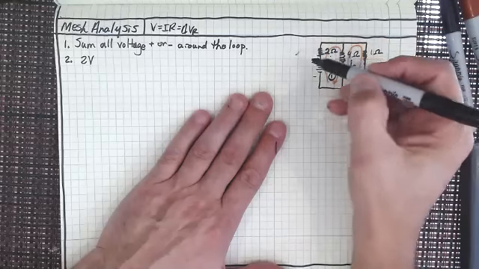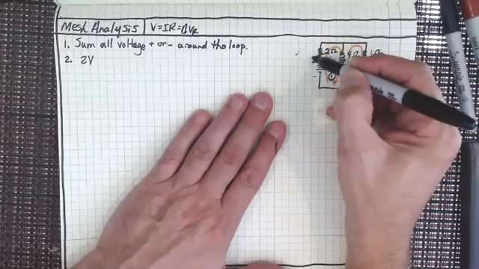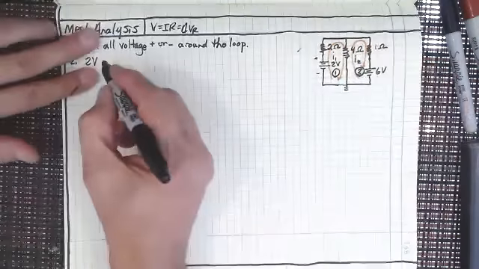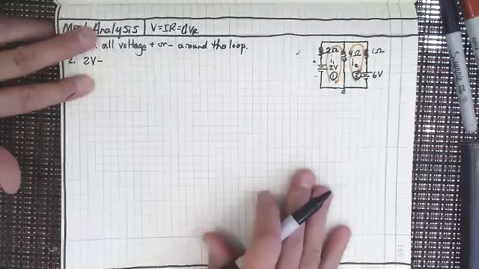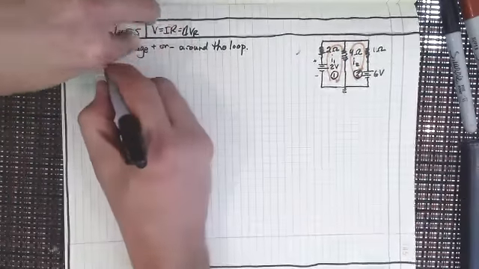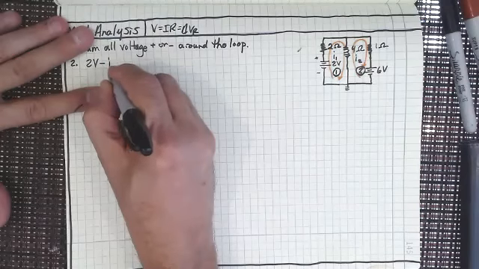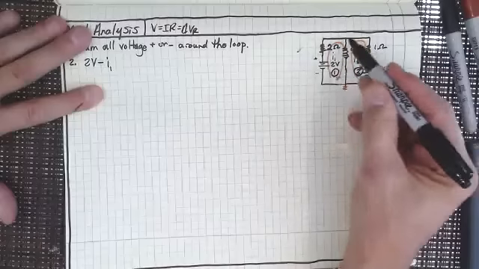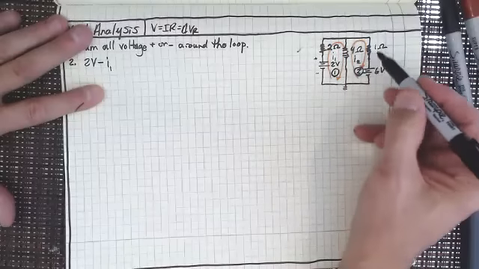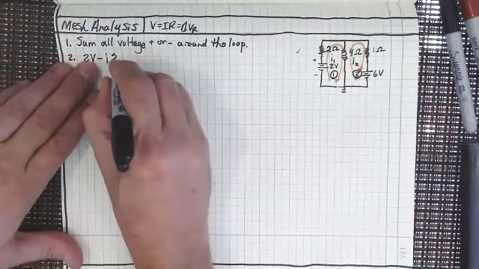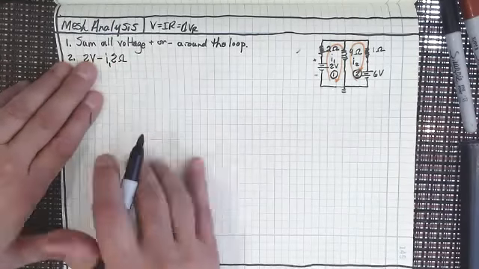And that's a subtraction, because really I'm going from the plus to the minus here, so I'm losing voltage going across that 2 ohm resistor. And I know that my current in that is going to be I1, right? I said that I'll use I1 in this loop and I2 in this loop. So minus I1 times 2 ohms.